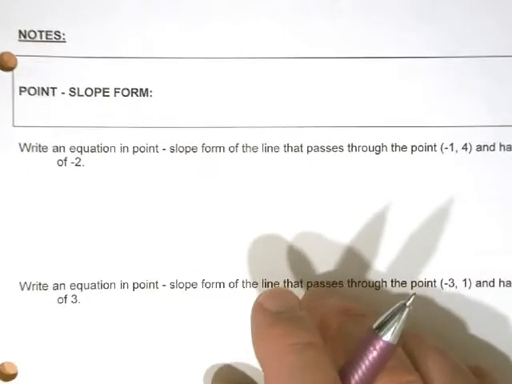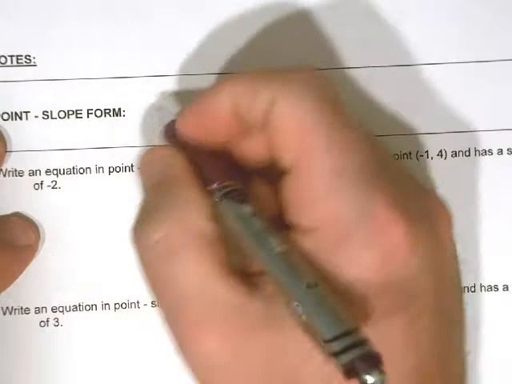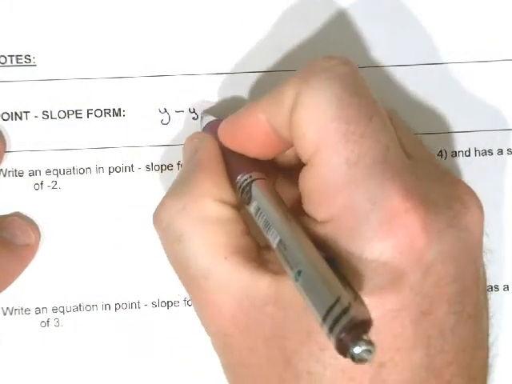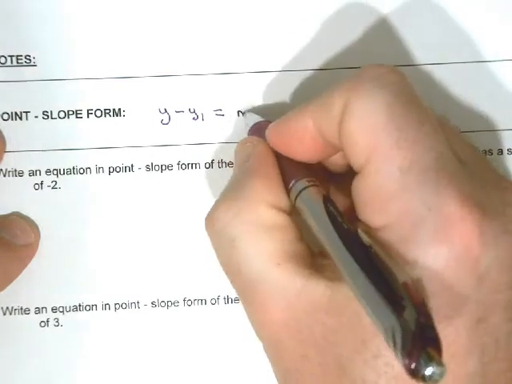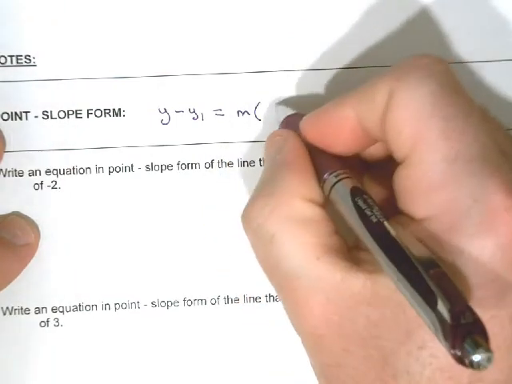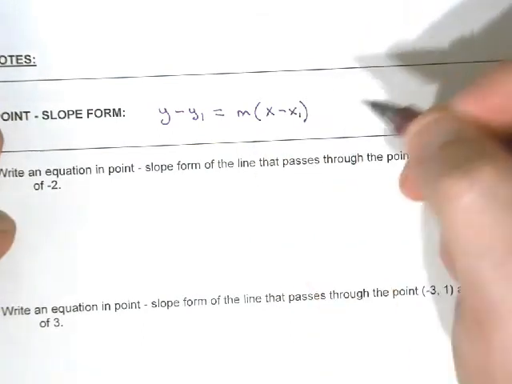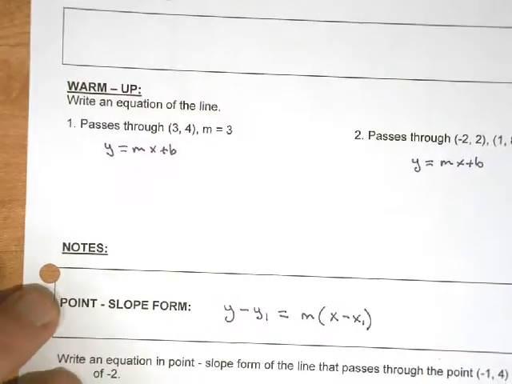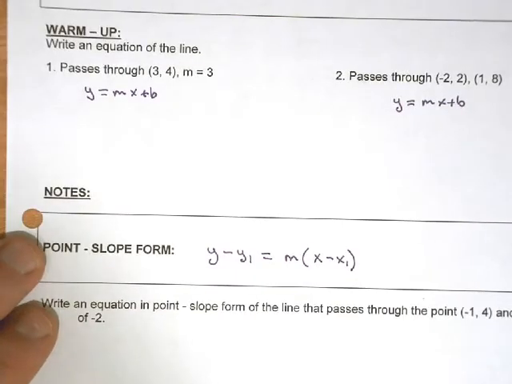For today, we have our point-slope form, which is the form for a point and a slope. It is y minus y1 equals m times x minus x1. So as you can see, quite a little difference there between our slope-intercept form and our point-slope form.